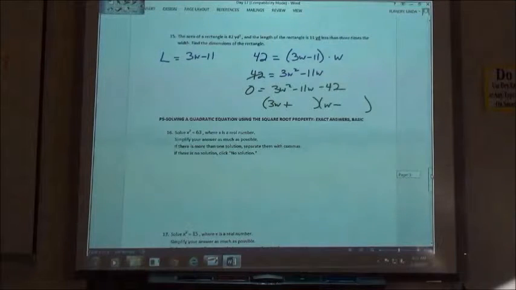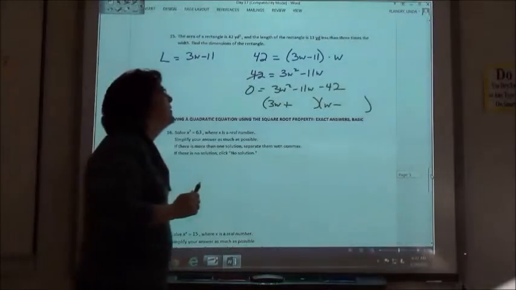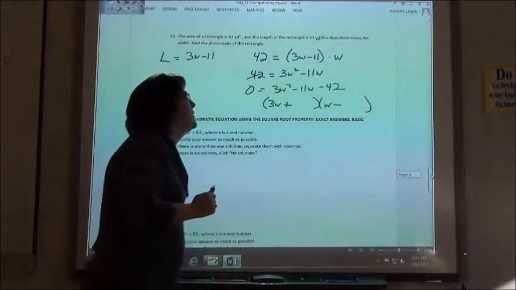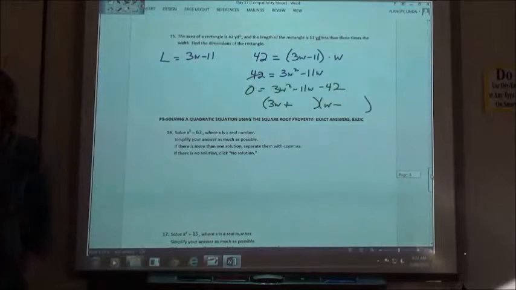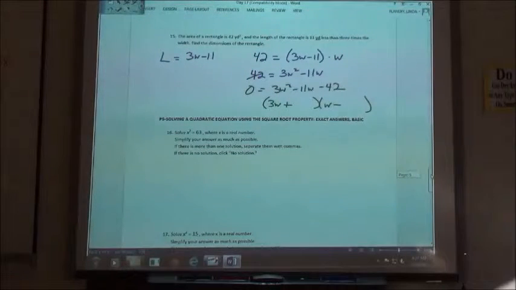Factors of 42, we want to get a minus 11 in the middle. What's 7 times 6? Is that 42? 7 times 6 is 42, yes. And we want to get 11, yep.